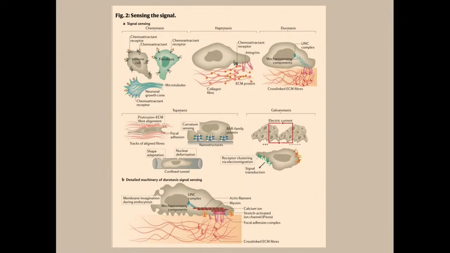So how is that signal, wherever it might originate, sensed? Without getting into details, I'll just say that there are receptors present on the surface of these neutrophils that recognize the chemoattractant or help recognize differences in stiffness, or other topological gradients or spacing features that are generated by the alignment of extracellular fibers.